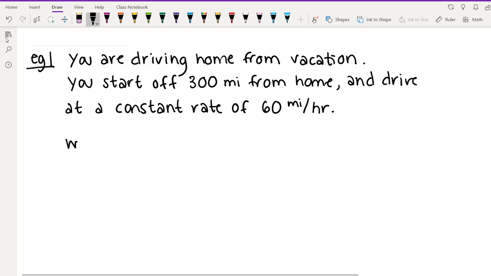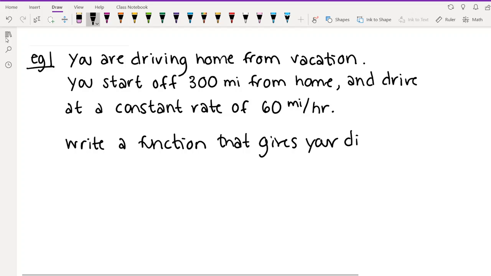And so what we want to do is write a function that gives your distance from home after t hours.